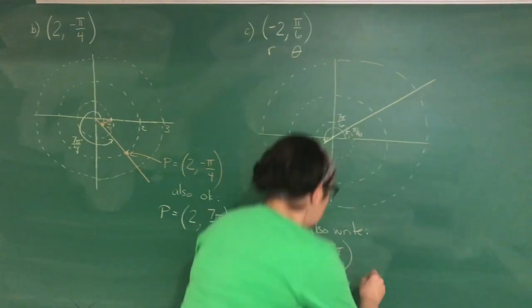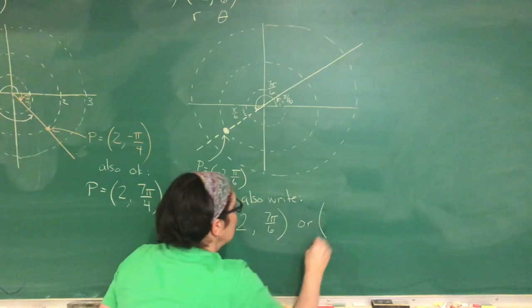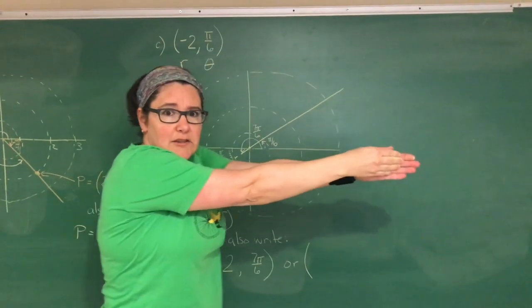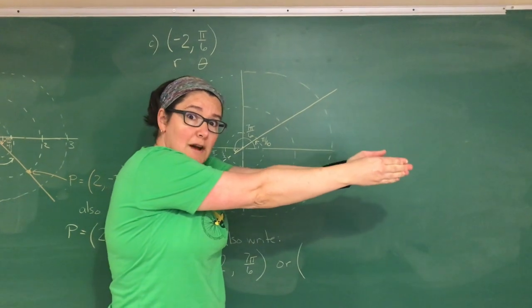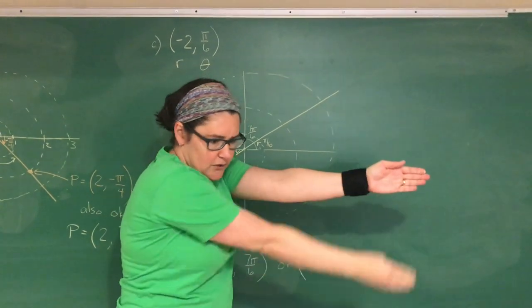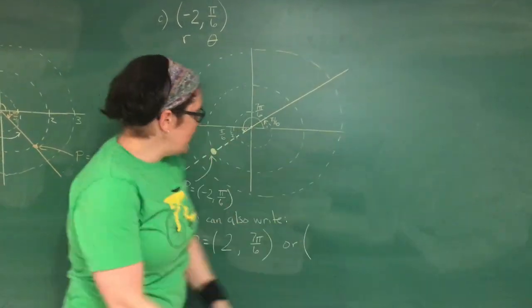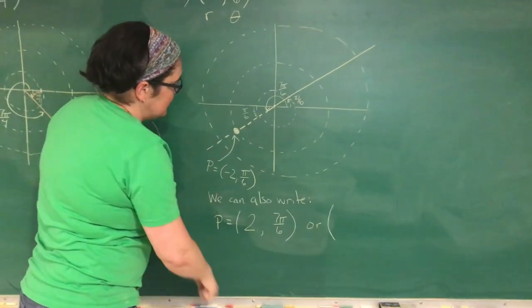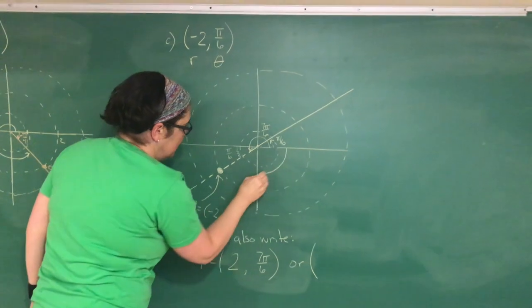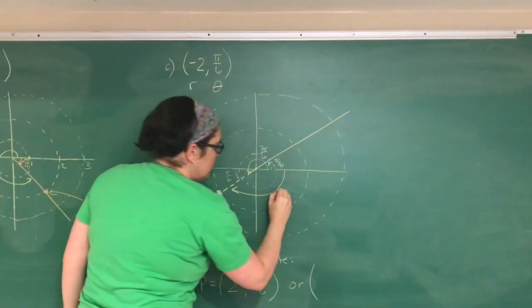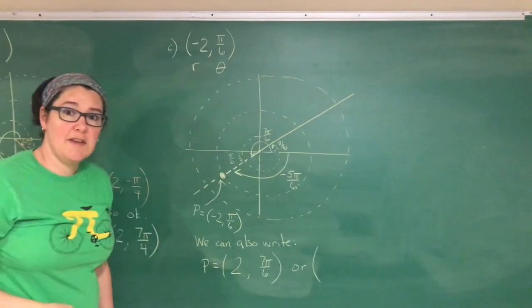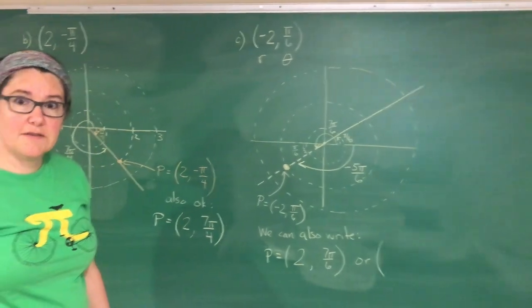Another way to describe this point is we could start in the positive x direction and swing in a clockwise direction. And so if I swing in a clockwise direction until I get to this antenna pointing off to the down and to the left, well, this angle, you should convince yourself, is an angle of -5 pi over 6.